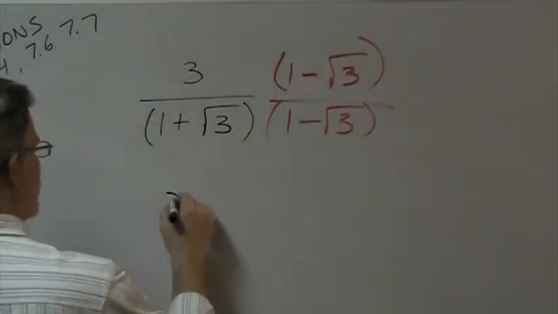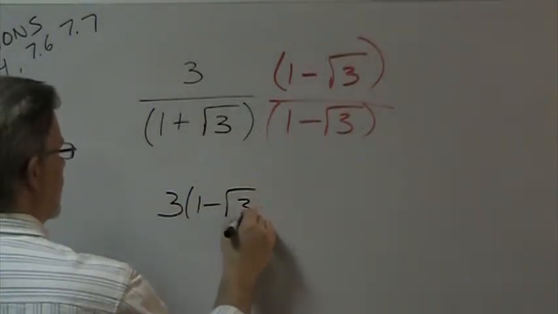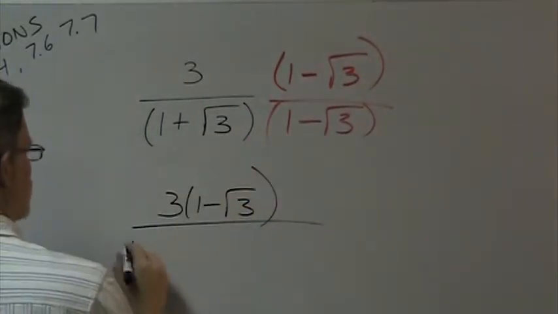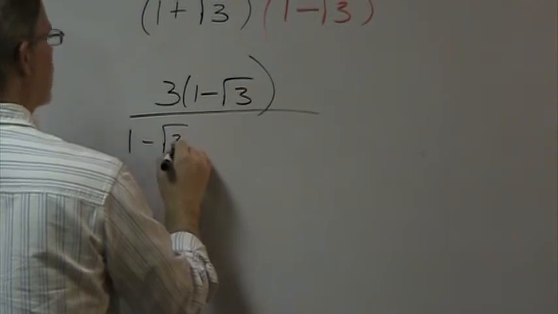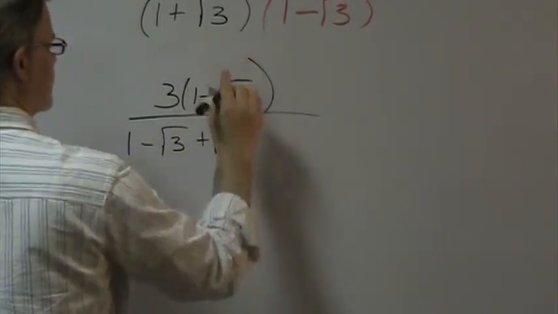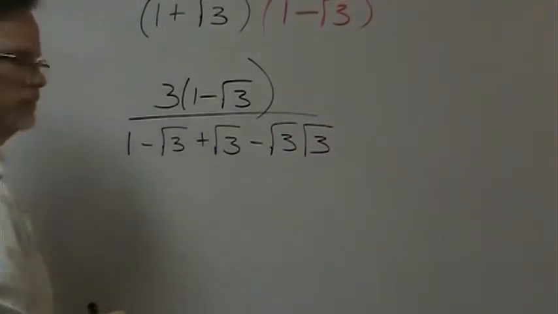On the top we have 3 times 1 minus the square root of 3, and on the bottom we're going to FOIL again. So 1 times 1 is the first term, that's 1. The outer term is a negative square root of 3. The inner term is a positive square root of 3. And the last term is a negative square root of 3 times the square root of 3.